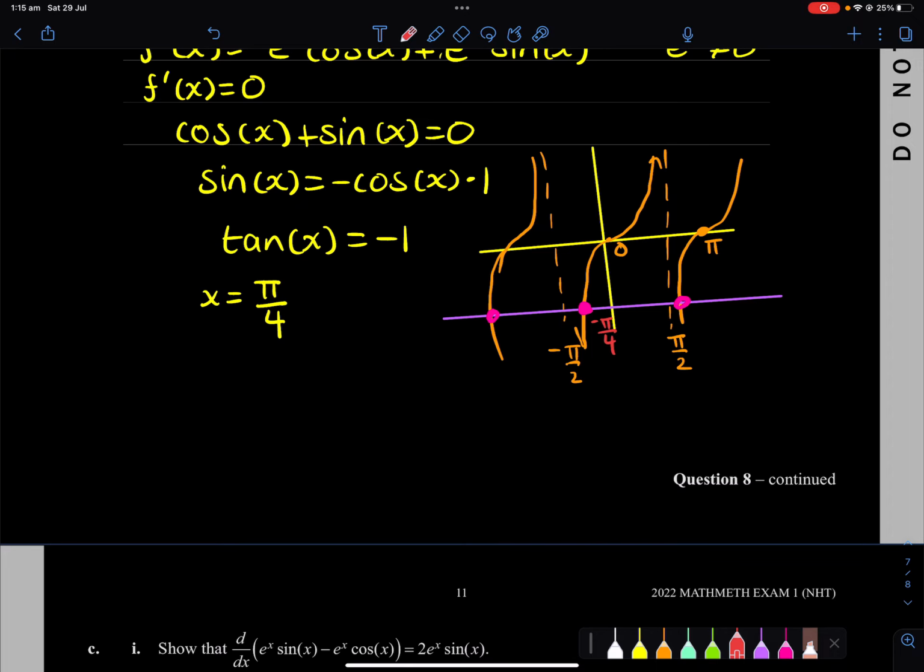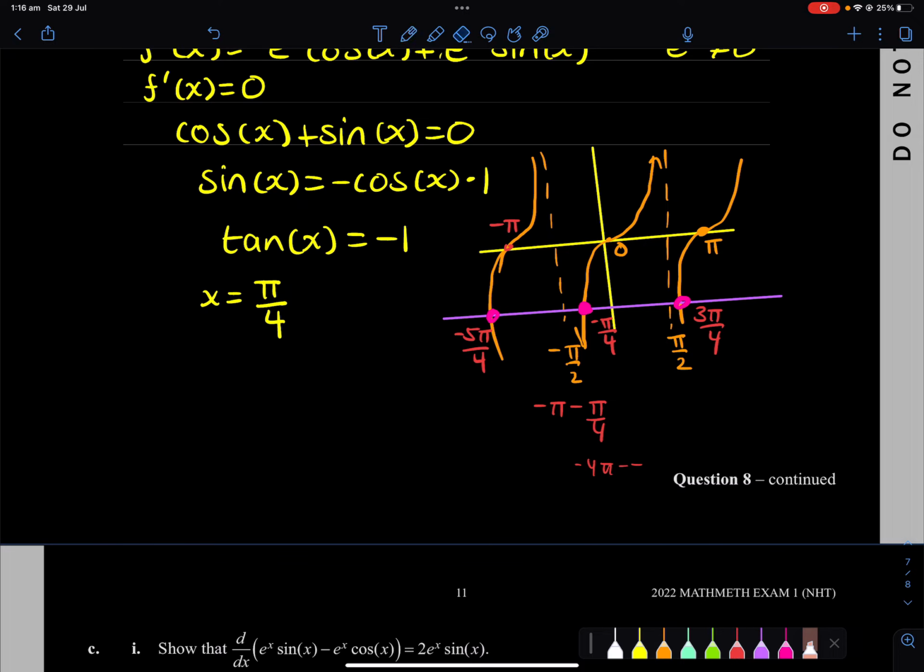And I know that's pi, so it's pi minus pi over 4, which is 3 pi over 4. And this value over here, because we know that this is -pi, so we can say -pi minus pi over 4, which is -5 pi over 4.